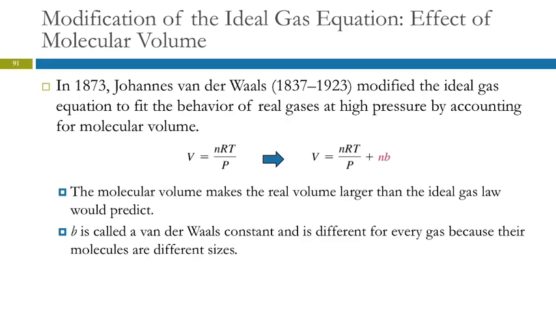It's called the van der Waals constant. It's different for every gas because each different gas has molecules that are different sizes. And the value of that is determined experimentally. You need to use this modified version if you're working at really, really high pressures. And we have this constant, and we can account for the difference from the ideal gas behavior.